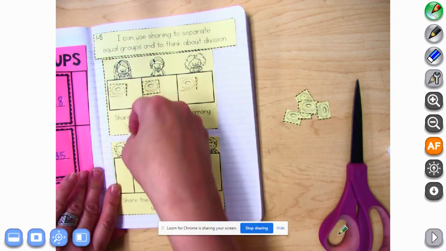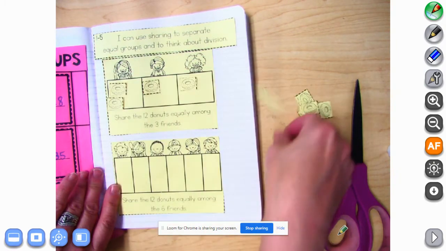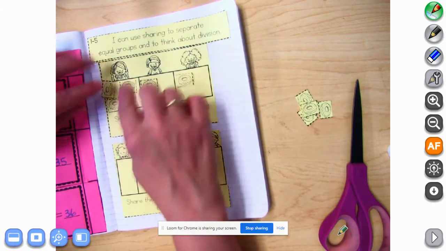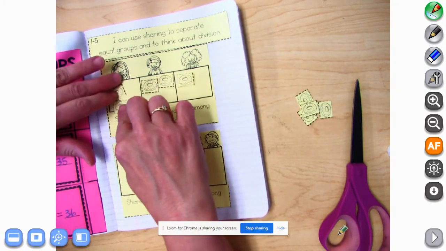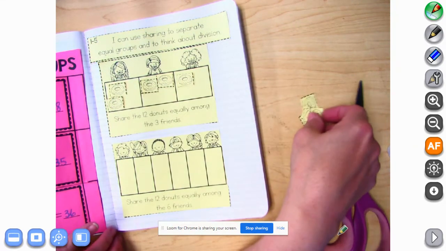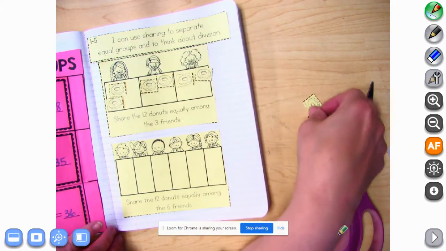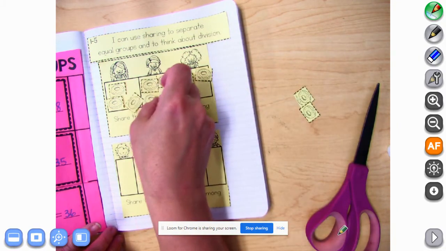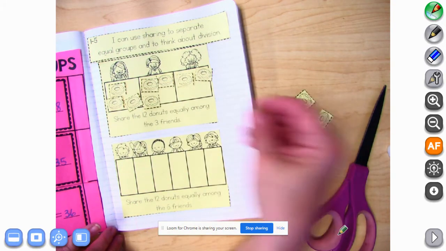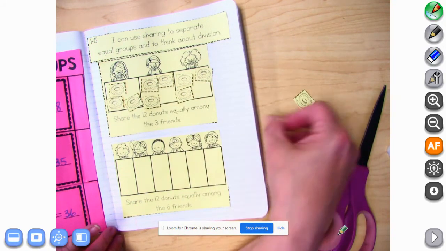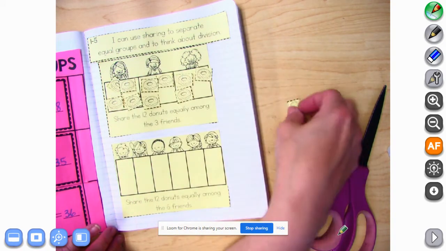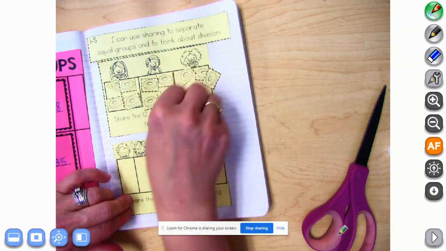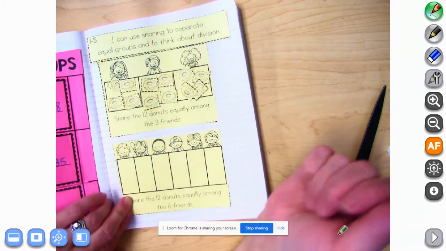Okay. 4, 5, 6, 7, 8, 9, 10, 11, and 12. So it looks like I have 4 in each pile.